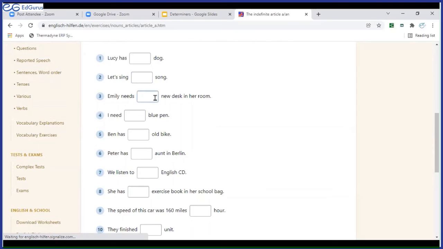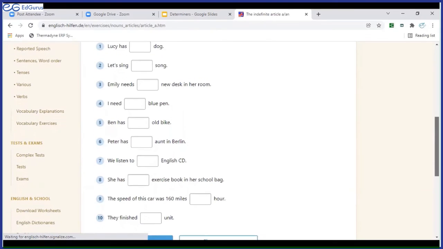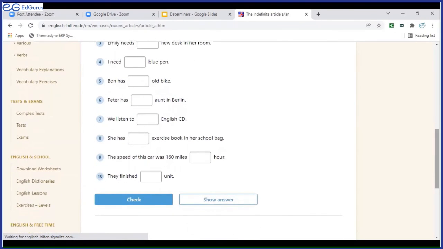Emily needs a new. I need a. But Ben has an. Peter has an. We listen to an. She has an. Okay, the speed of this car was 160 miles an hour. They finished.